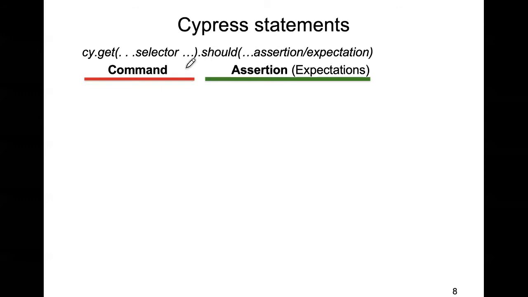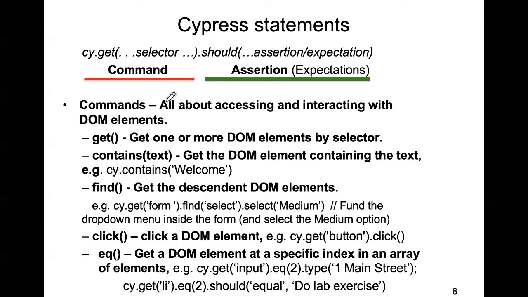Now, in terms of the commands, there's a whole set of them, and you build up your knowledge over time, really. Here are some of the commonly used ones and what you see in the lab. All of the commands, as I've already said, are about accessing a certain part of the DOM within the browser, because our tests run in the browser, so they have access to the DOM.